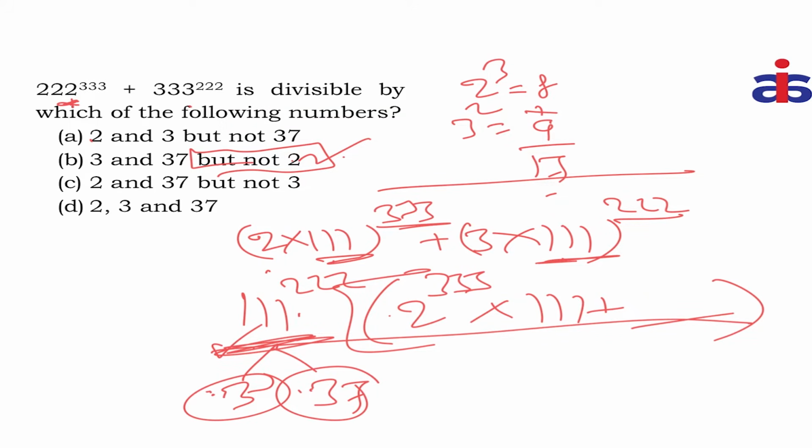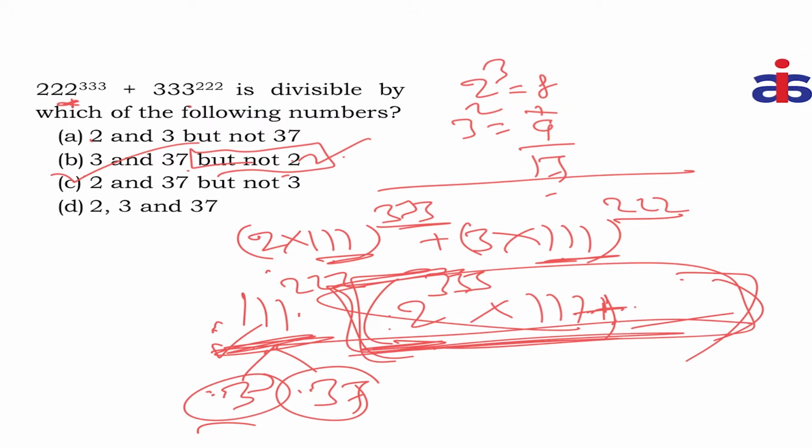If you add the digits, it is divisible by 3, and 3 times 37 is 111. So the answer is 3 and 37 but not 2. There is no chance of getting 2. If there were 2, it must have come outside. It didn't come, it is inside, because it is plus there. We should not take that into consideration. So theoretically that is the case.